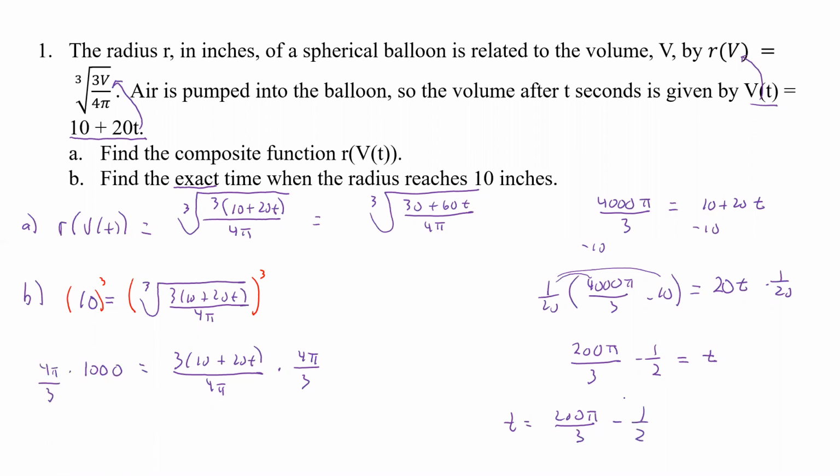Again, if we wanted to combine that all into one fraction, we could, but this is good enough for the question at hand. It wants the exact value, and that is an exact value with two fractions, of course, but it's okay. We can simplify and make that 400 pi minus 3 all over 6, and that would be another fraction we could use as well. All right, so that's all I have for section 1.4.